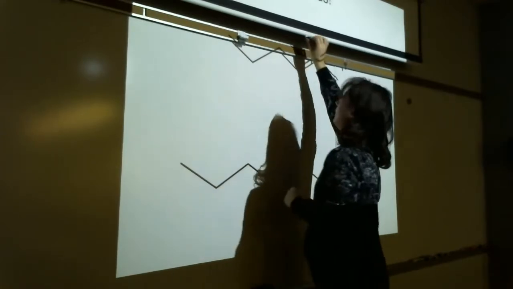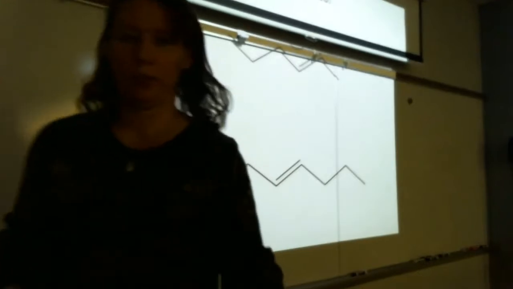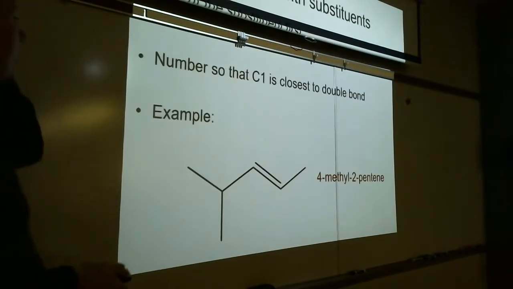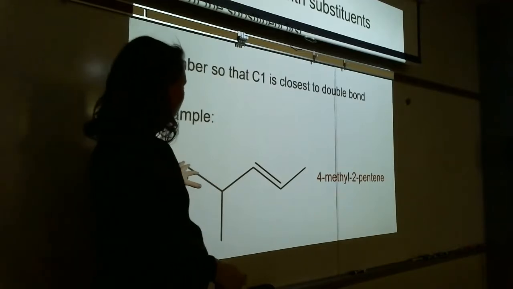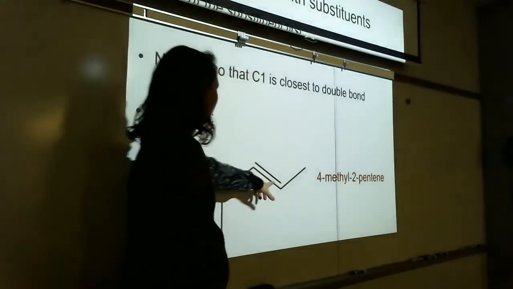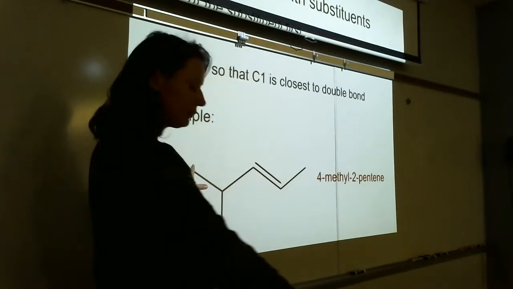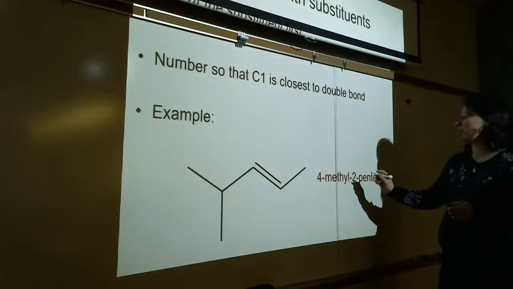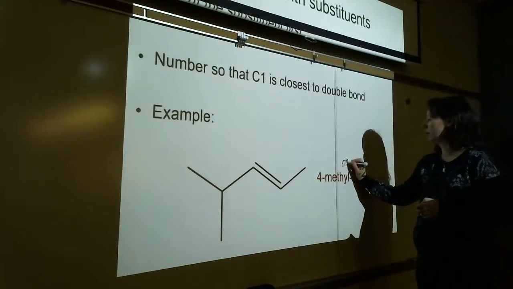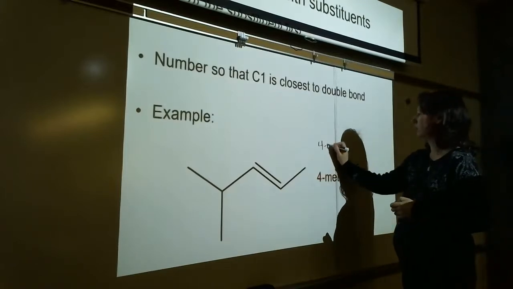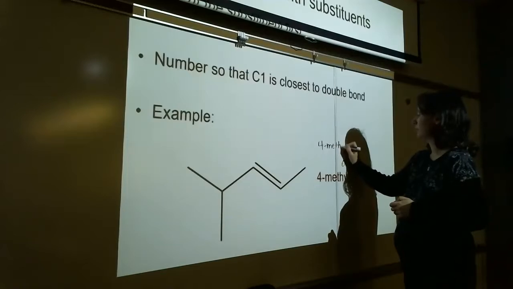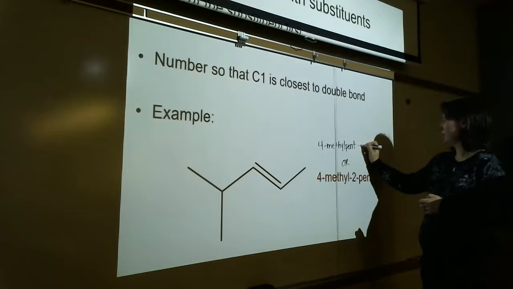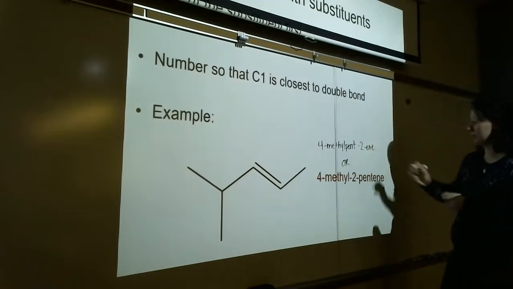And so once we start adding, I'm just going to leave that down because I think the next one has substituents. Yes, right? So when we're doing substituents, we're numbering to give the double bond the priority. If we were going to split the substituent, 4-methyl-2-pentene, what's the other way we could write that? 4-methyl-pent-2-ene, right.